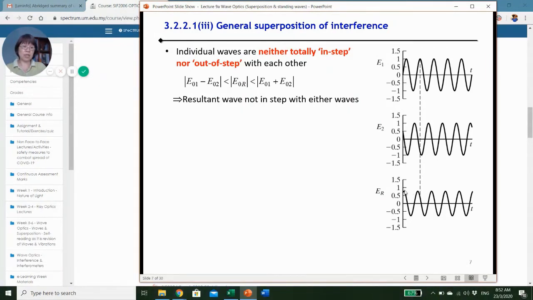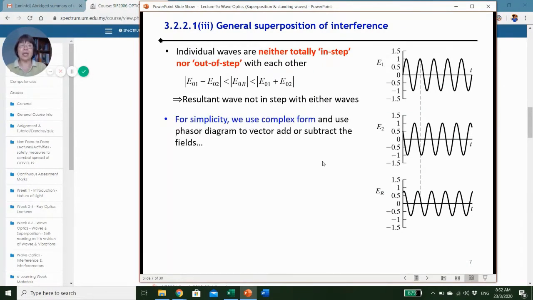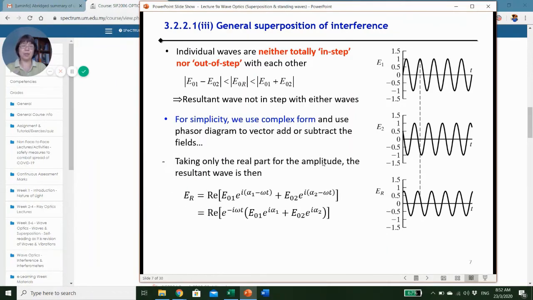And if you look at the resultant here now, the phase does not match that of wave 2, neither does it match that of wave 1. So they are not in step with either of the waves. Now, in order to describe it in mathematical form easily, we use complex notation. For the resultant wave amplitude, we just take the real part.